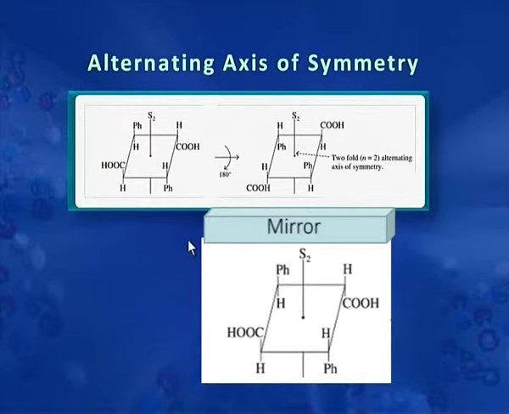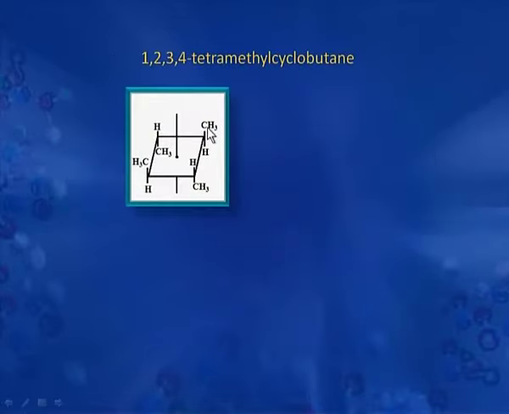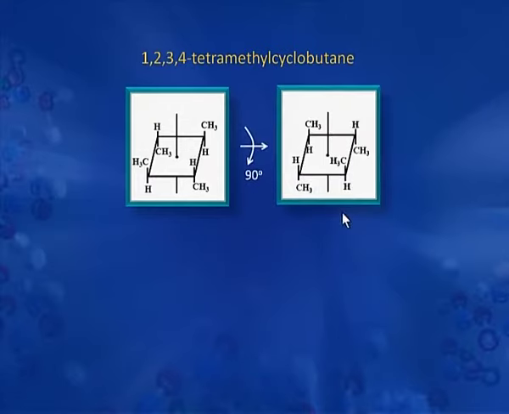Let us take another example. This is 1,2,3,4-tetramethylcyclobutane, but that particular isomer which has these methyl groups alternately above and below the plane. Now here we may try the situation by rotation across 90 degrees. So we rotate it by 90 degrees and we get this situation.